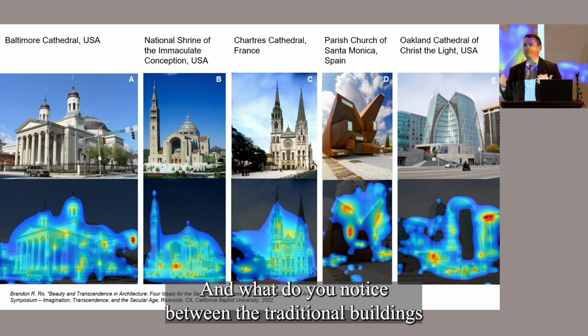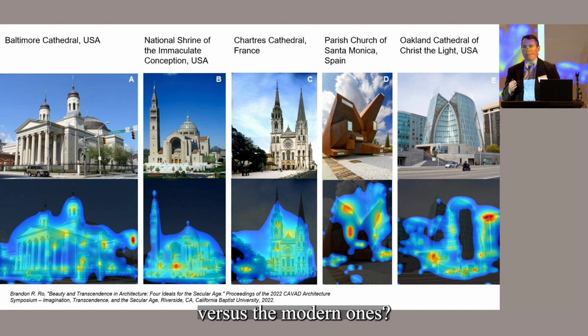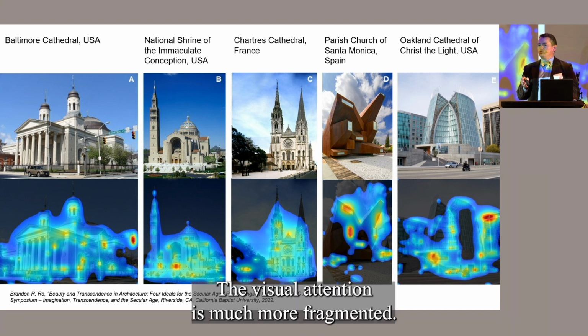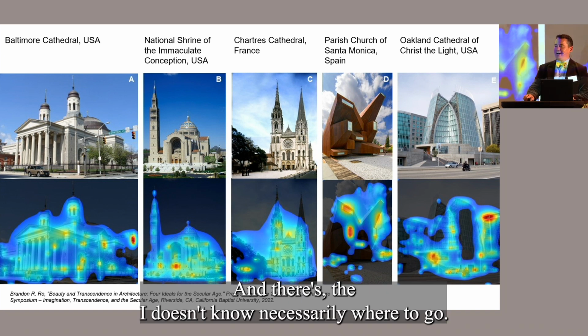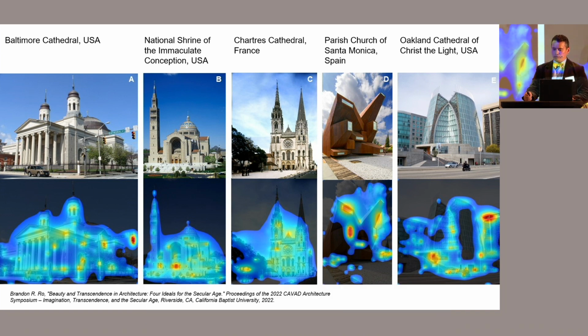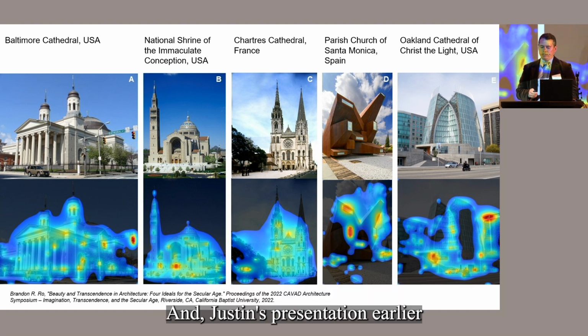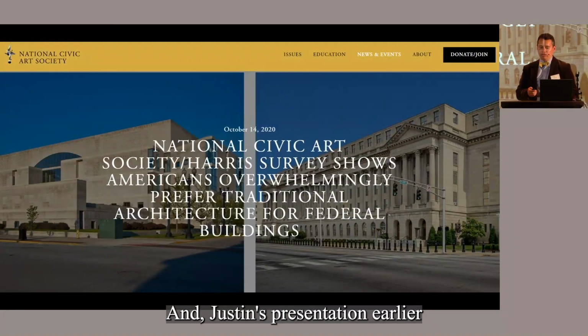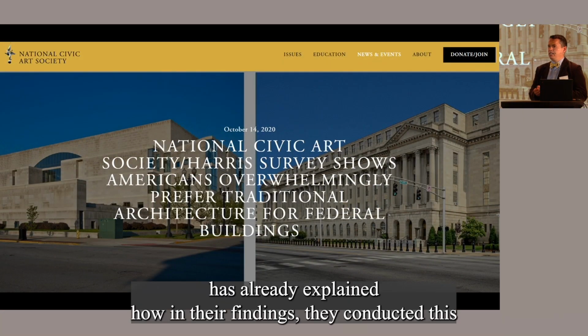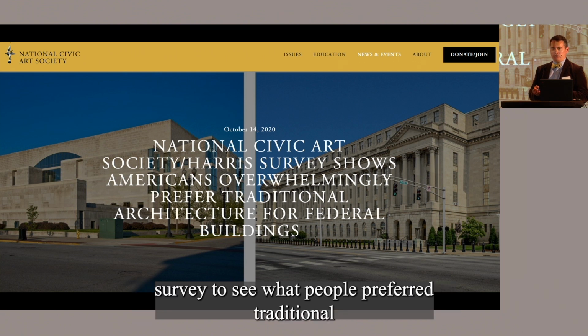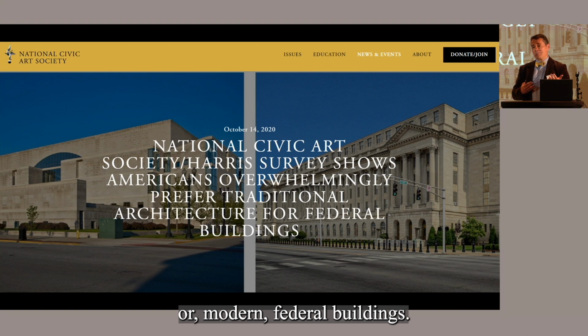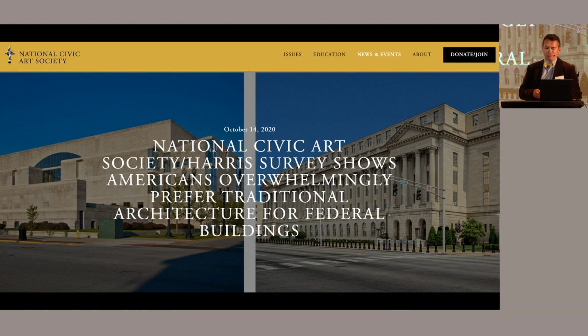And what do you notice between the traditional buildings versus the modern ones? The visual attention is much more fragmented, and the eye doesn't know necessarily where to go. So this brings me to another study that we looked at, and Justin's presentation earlier has already explained how in their findings they conducted this survey to see what people preferred, traditional or modern federal buildings.